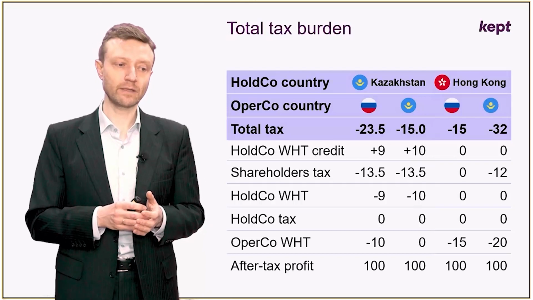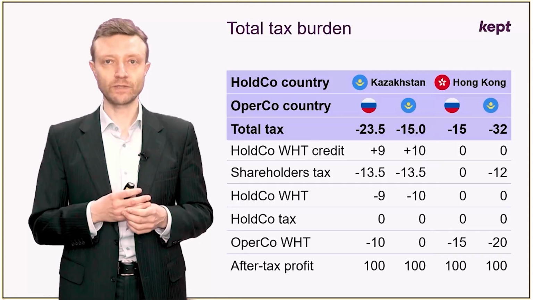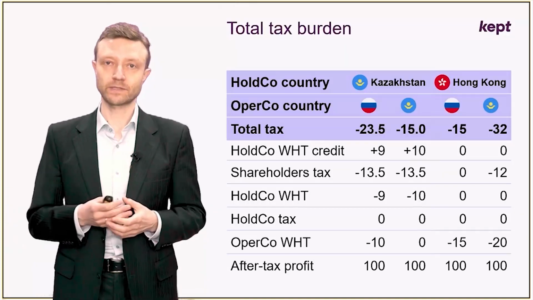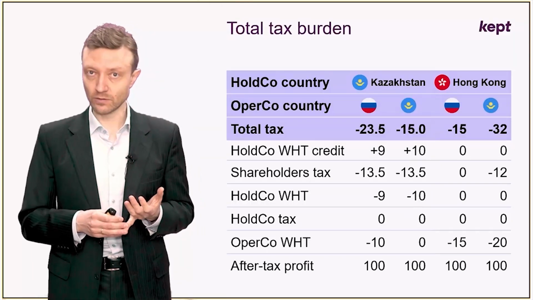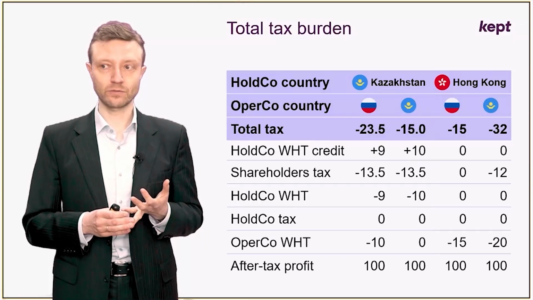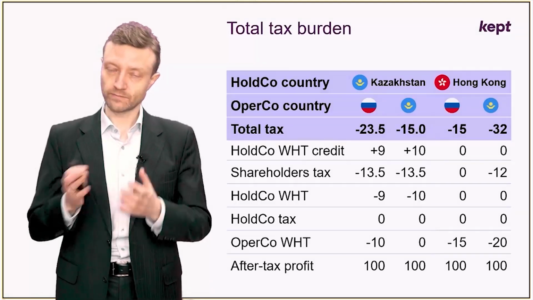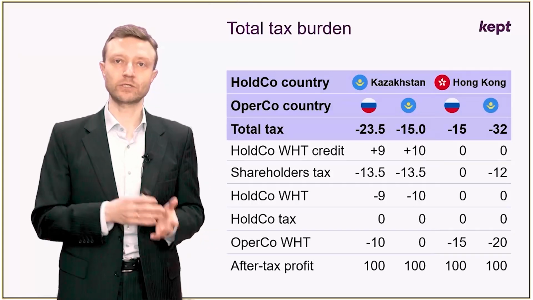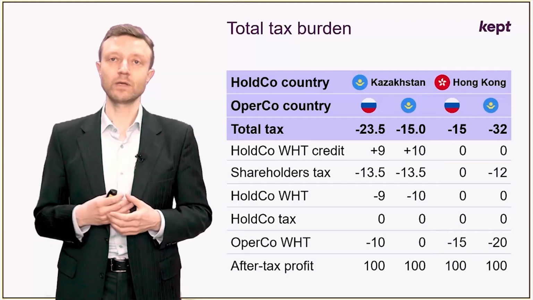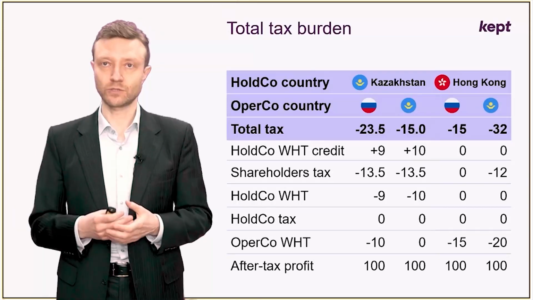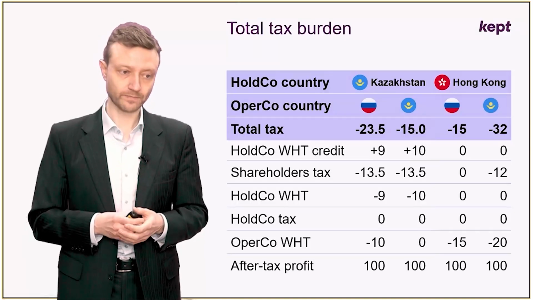And this is mainly due to less tax burden or absence of taxation of dividends in Hong Kong, because if it's done properly, then dividends should neither be subject to withholding tax in Hong Kong, nor be subject to corporate income tax in Hong Kong. So there is no tax leakage if done properly in Hong Kong, but in Russia, ultimately, the overall tax burden is 15%, which is the minimum, the tax which is ultimately paid by the Russian shareholders.